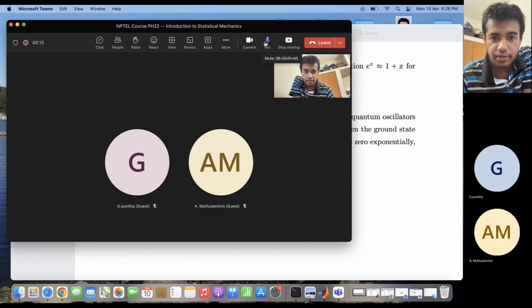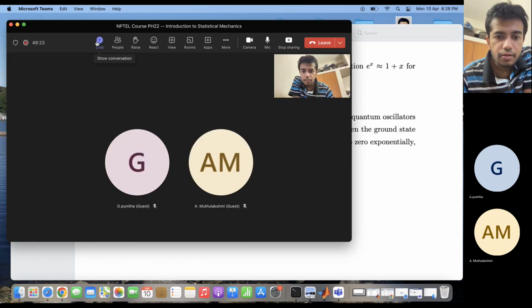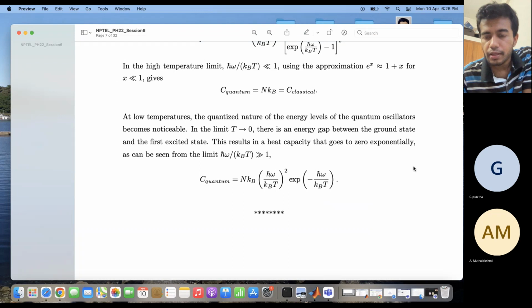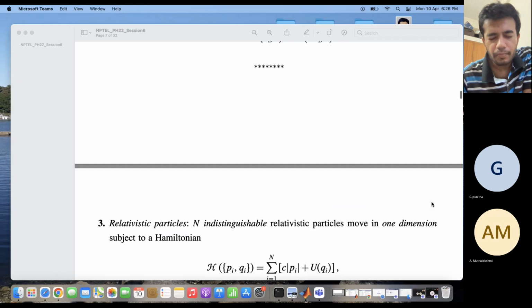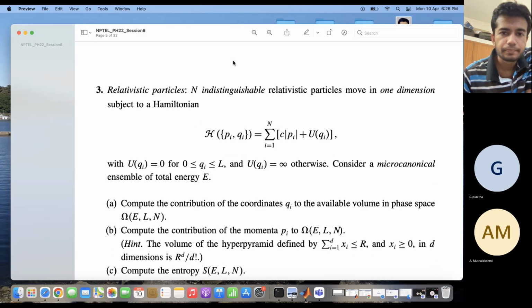See if there are questions in the chat. Okay, so if there is no question, then I will move on to the next question, which is about relativistic particles.